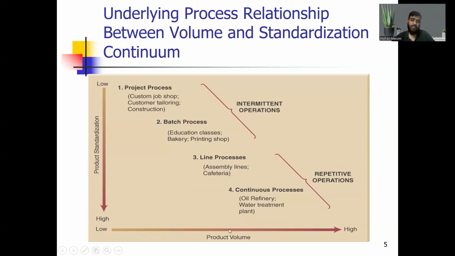So when the product volume is high and the product is very standard, then you will use continuous process or line process. The continuous process is the extreme of huge volume and highly standard product.